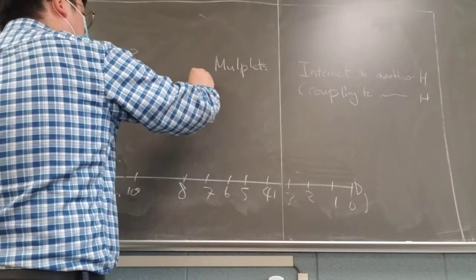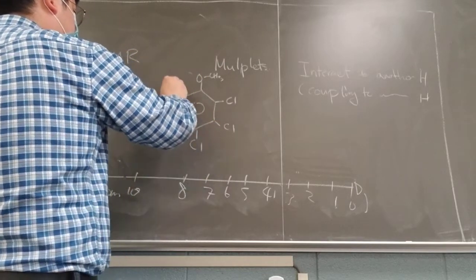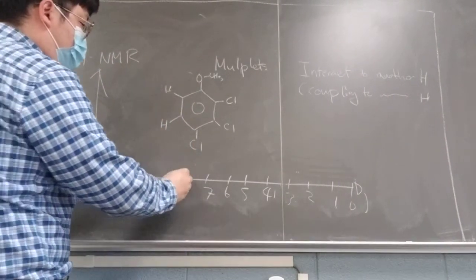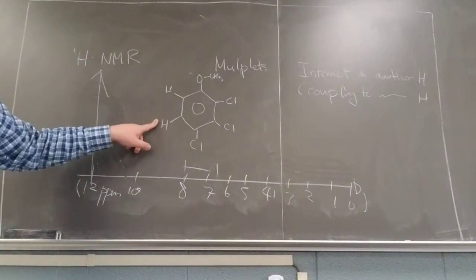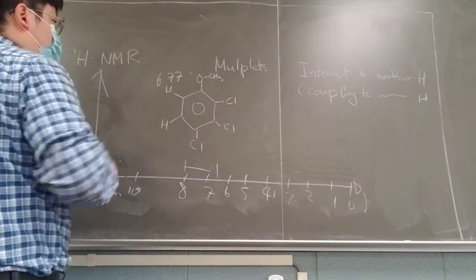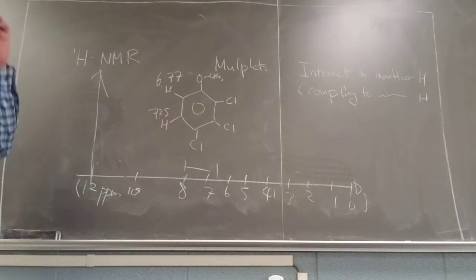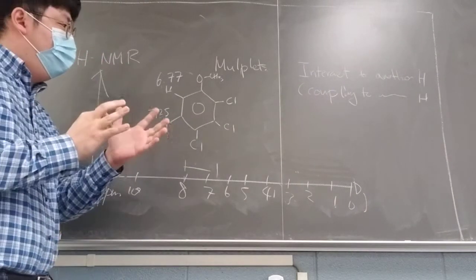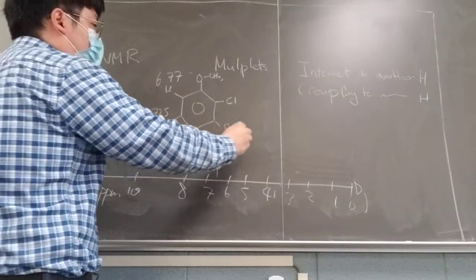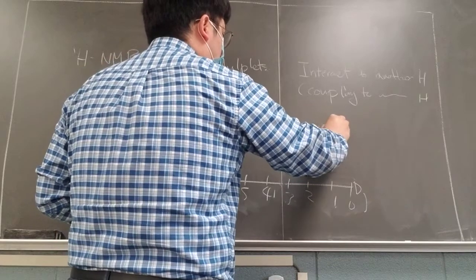Okay? We have some groups over here. If you look at this one here, they should be somewhere around here, right? Because those protons are on the aromatic ring. So this is about 6.77. This proton is about 7.25. I don't know if you guys can remember, but those two protons are not equivalent to each other.